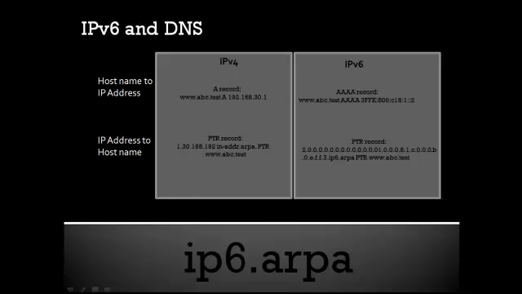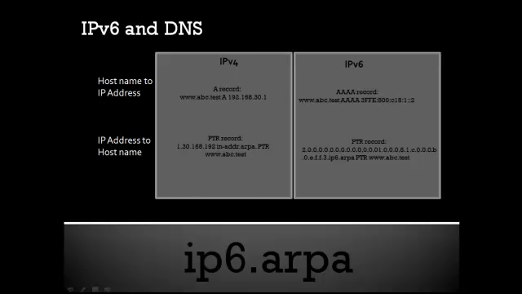DNS for IPv4 does not support IPv6 addresses. New records have been defined to support IPv6 addresses. The following records and new functions are defined. The quadruple A records, these are the IPv6 equivalent of the A record that implements the host name to IP address mapping. With quadruple A records, the IP address received is the IPv6 address.